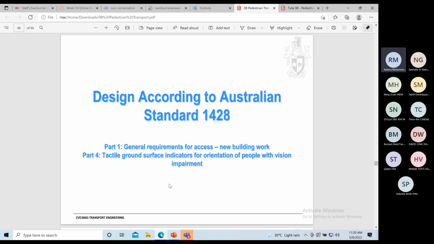For guidelines, you can be a little bit flexible, but for standard, you have to follow it strictly. And for part one, we'll be looking into the general requirements for access into new building work. And part two, we'll be looking into tactile ground surface indicators for orientation of people who are vision impaired.